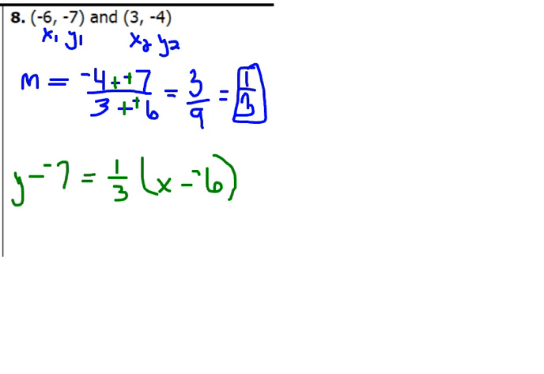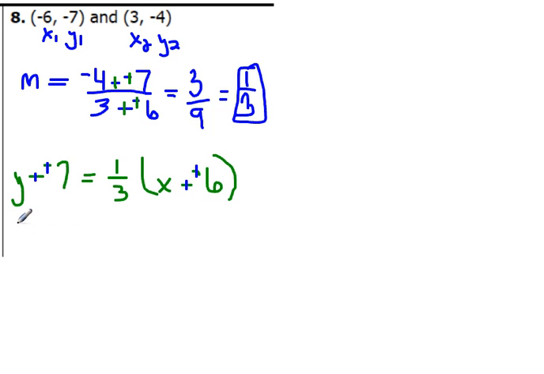Okay, real quick, I'm going to take care of that minus by making it a plus, and I'll do that over here too, plus. Okay, now back to our problem.